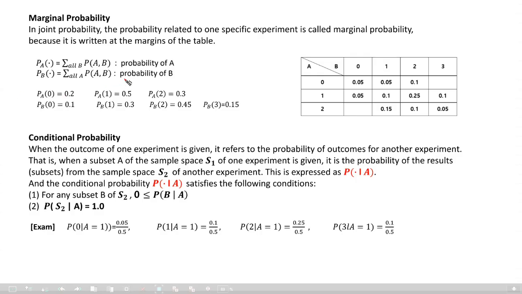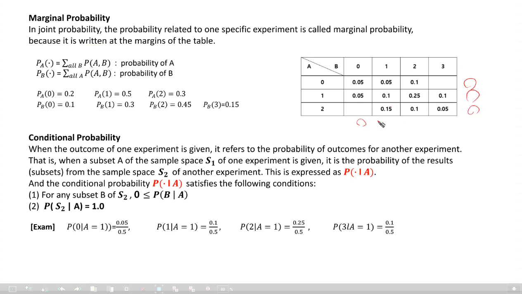Marginal probability: when we have a joint probability, the probability related to one specific experiment is called marginal probability, because it is written at the margins of the table like this. This is a margin of this table.